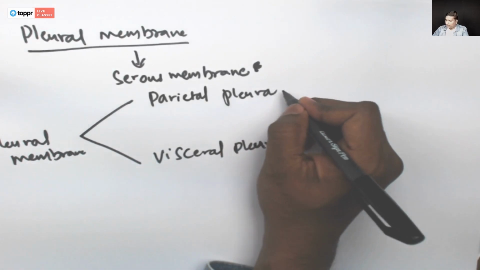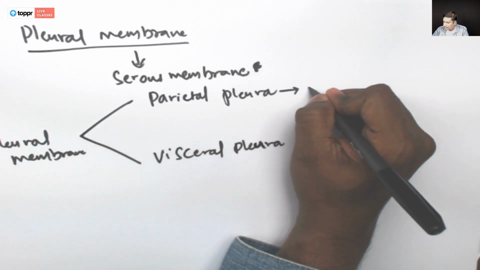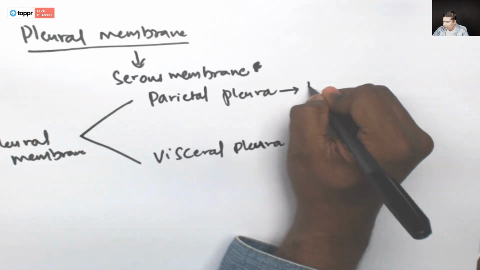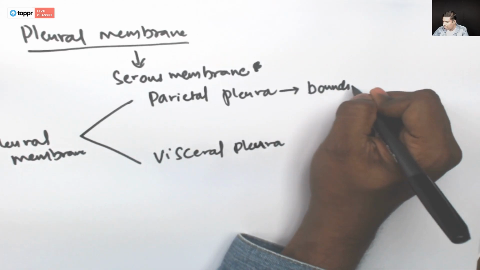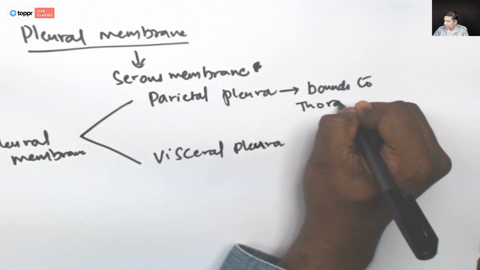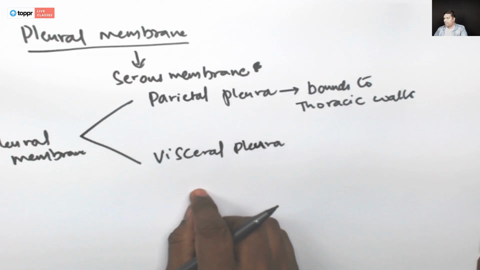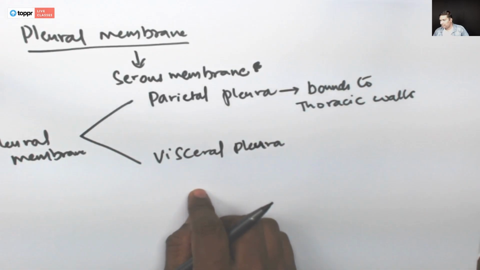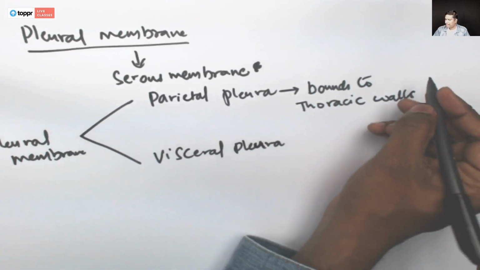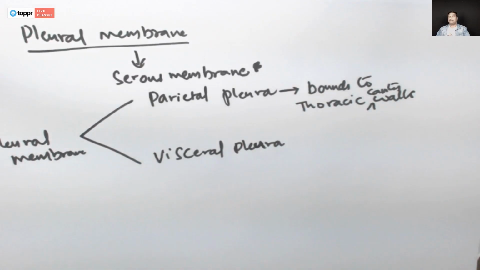Now the parietal pleura is actually bound to the thoracic cavity walls, the walls of the thorax.